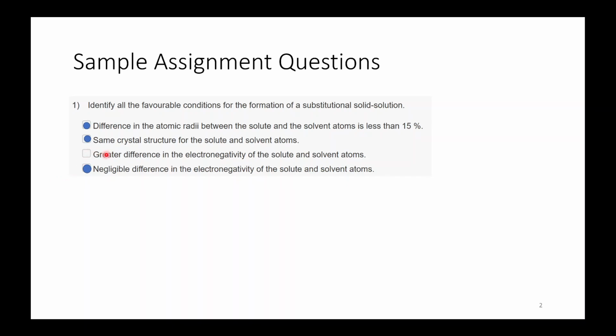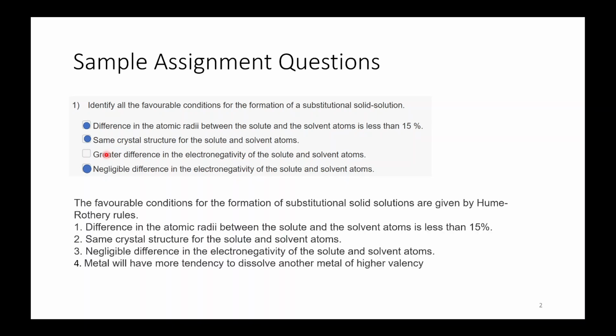Only one statement is incorrect, which is greater difference in the electronegativity. Solid solubility is defined by the Hume-Rothery rules. These are 4 rules. First, the difference in the atomic radii between solute and solvent atoms should be less than 15%, and the crystal structure should be the same for solute and solvent.